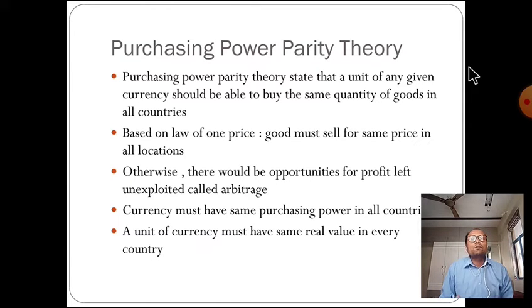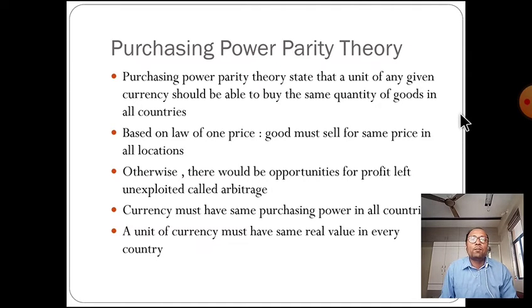So according to purchasing power parity theory, in the long run the price of the commodity should be the same across different markets. Okay, that's what purchasing power parity theory means. If there are differences in the prices, there is a chance of arbitrage. It means people will buy from one market and sell in the other market, and this arbitrage in the long run will result in equal prices across countries.